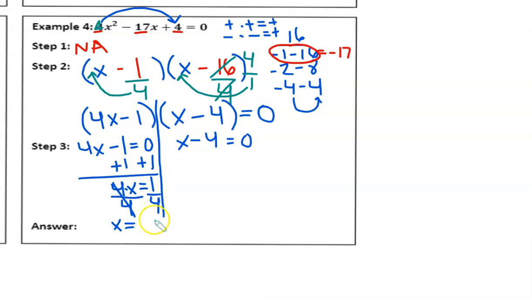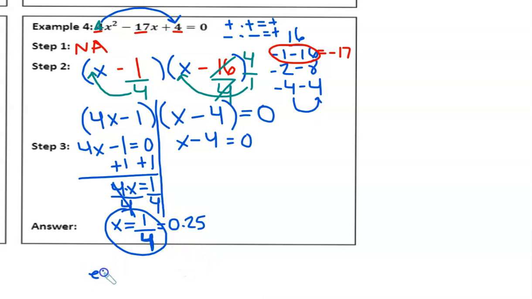That can't reduce. So you could write this two ways. You could keep this as a fraction, or you could write it as a decimal. It is 0.25. Either way. Normally, though, you're going to see it as a fraction, so get used to just keeping it as a fraction. Use your calculator.